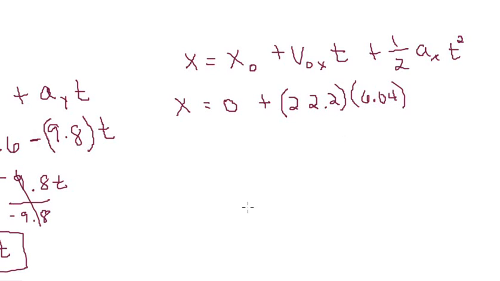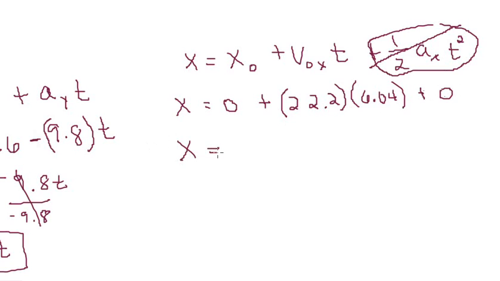You need to use 6.04 seconds because that's the time it takes the football to reach all the way to the end. Now this part up here you don't need to use. This part cancels out because there is no acceleration in the x direction. Remember, there's only acceleration in the y for this type of problem. So this is 0.